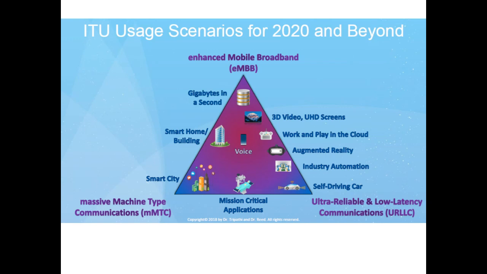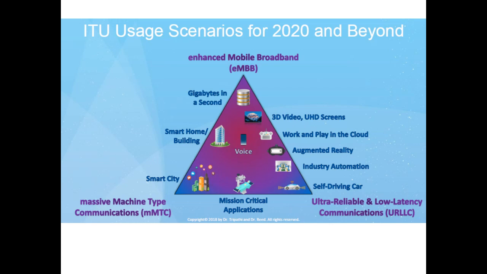So the vision in terms of how the communication services are going to be enabled is a well-known, nowadays famous triangle, at least for those of us in the communication and signal processing domains. ITU, the International Telecommunication Union, has come up with this vision statement, a triangular concept in nature.